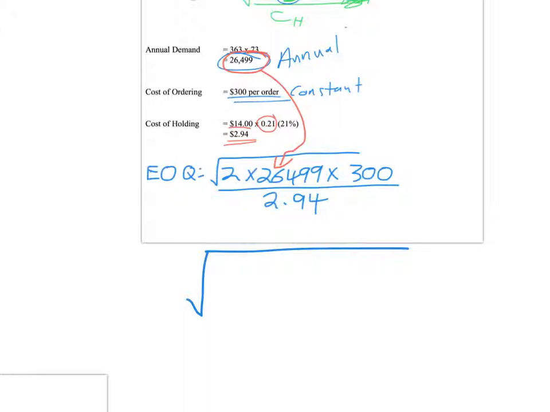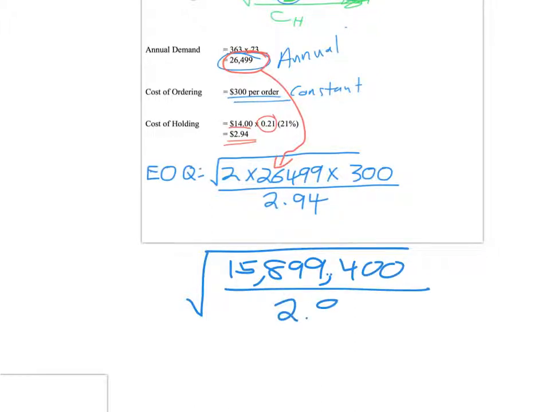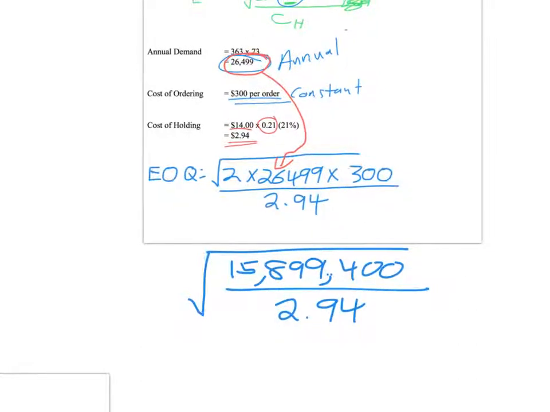I'll do it before the square root. 2 times 26,499, which is our annual demand, times 300. So the top part of our equation is 15,899,400, and the bottom half stays the same at 2.94.